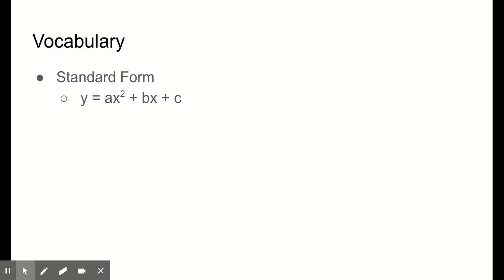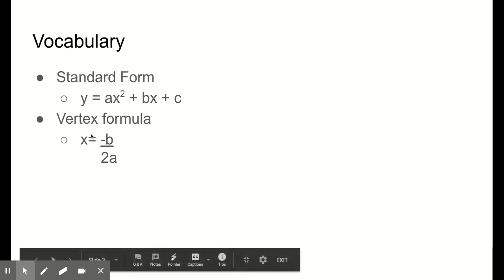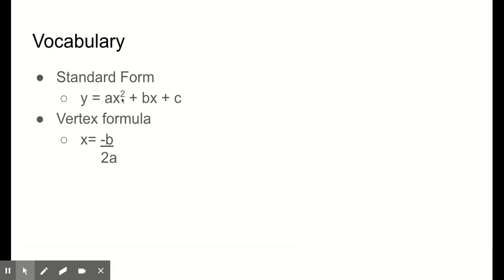And our vertex formula, this is new to us today, to find the x value of the vertex, or the h of the vertex: x equals negative b divided by 2 times a. Again, those a and b values come directly from standard form. So we have to make sure that our function is always in standard form before we start plugging stuff into the vertex formula.